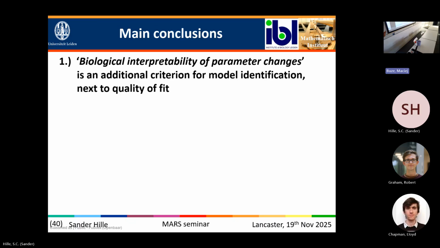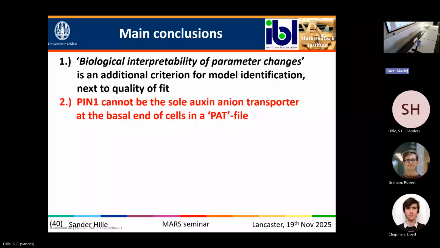The first conclusion, more towards the biology, that came from the statistical analysis of the mutants in view of the model, was that the PIN1 proteins cannot be the sole ones responsible for this increased basal transport of auxin in these cells, like the effect of the green ones.